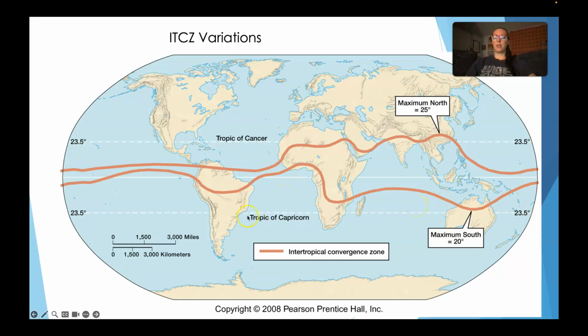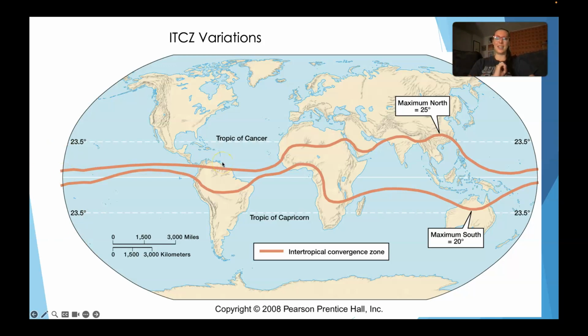Some things to point out, and you probably can see this already, is that there's a whole lot more variation over land. And when I say variation, I mean more of this wavy pattern, right? Over the oceans, it's a little bit more straight in terms of what we visualize here, as opposed to this wavy pattern. That's because there's no land getting in the way, right?